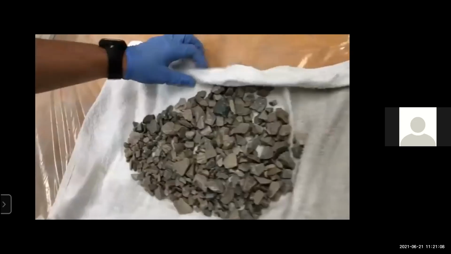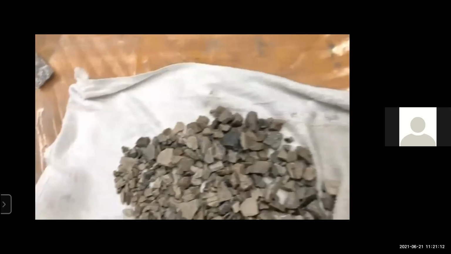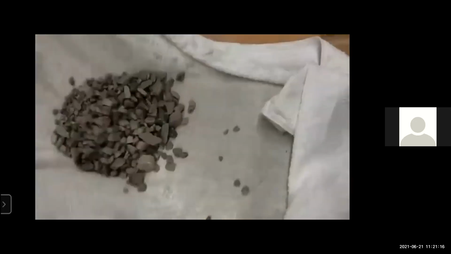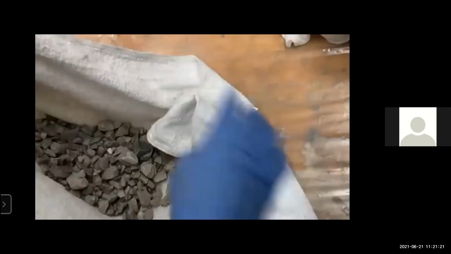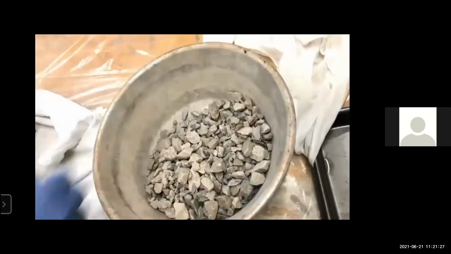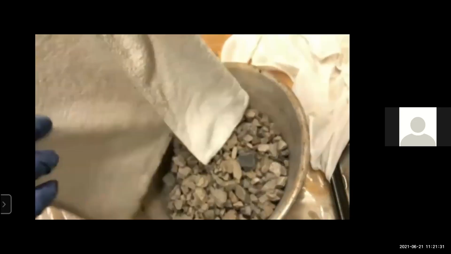So again we rub the aggregate with the cloth for a certain amount of time, until all the water drains out from this aggregate. Then we put this dried sample again in the container.